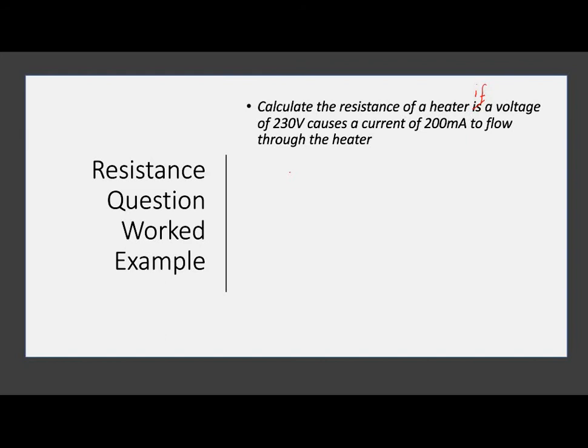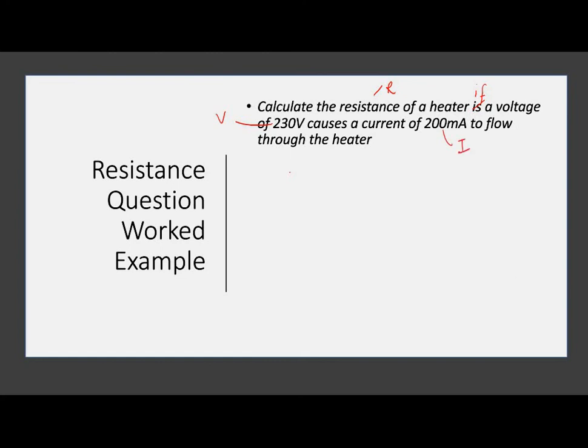Now, remember how we do our calculations. We should be identifying our readings first of all. So here is our resistance we want to know, here is our V, and here is our I.